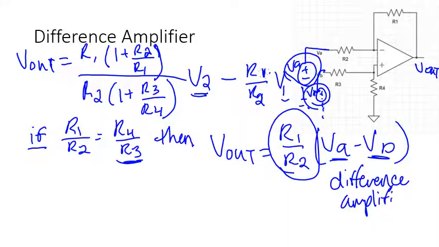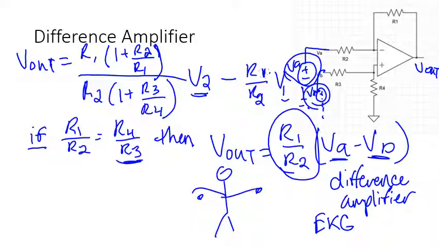amplifier. Okay? It is very useful, particularly with biomedical measurements, to measure a difference of voltage in 2 points. You would tend to use this with something like an EKG, so you can measure the voltage difference between different sides of the body. That I can subtract the voltage at one point from another and multiply by something to make it larger.